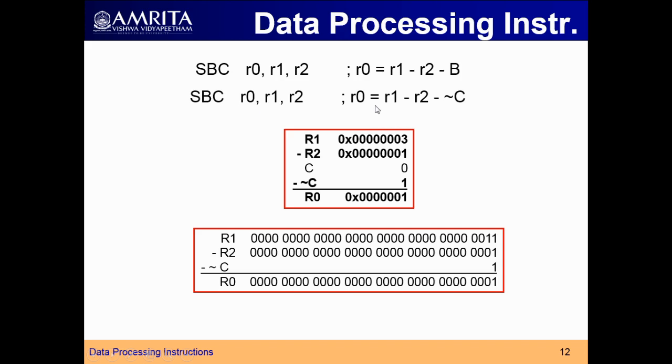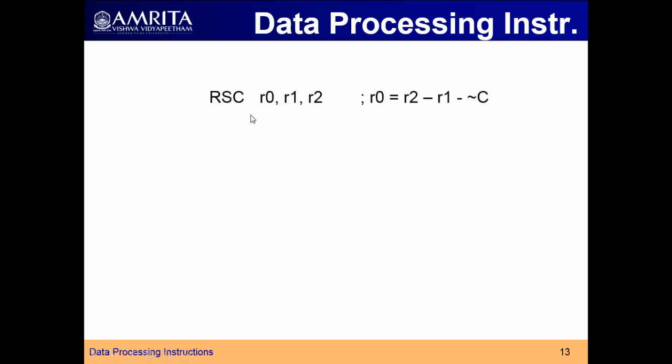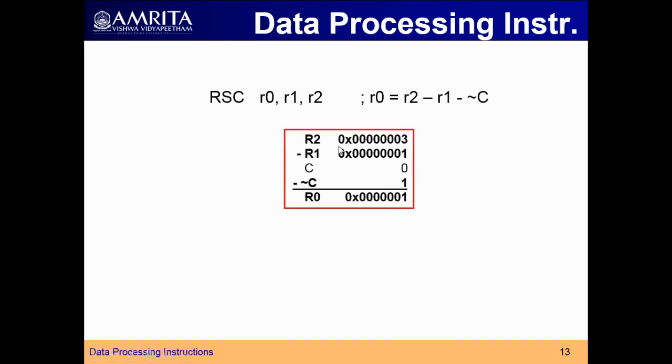In SBC, how was it? R1 minus R2, the first operand subtracted with the second. But in RSC it is the opposite: second operand minus first operand, that is R2 minus R1. Since it is reverse subtract with the carry, minus borrow is also there, and borrow is nothing but not of C. We'll take an example.